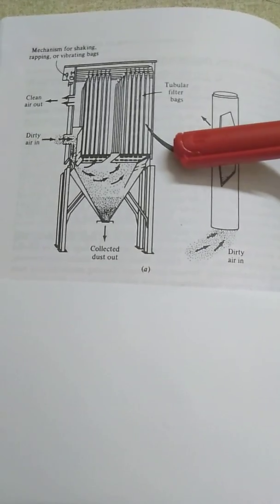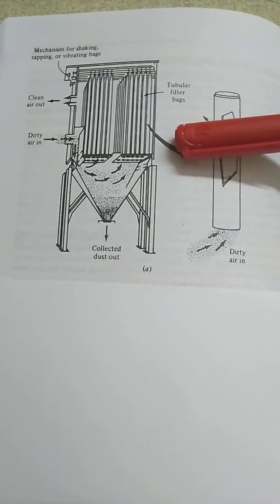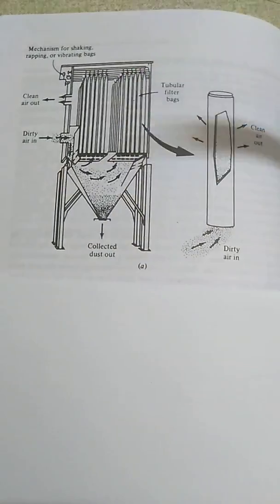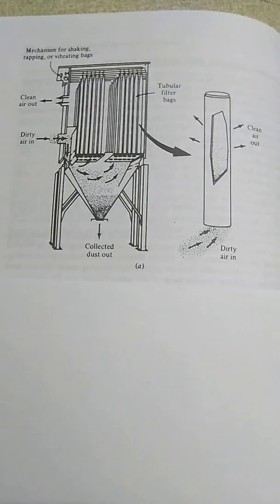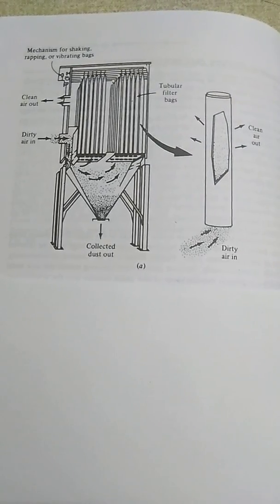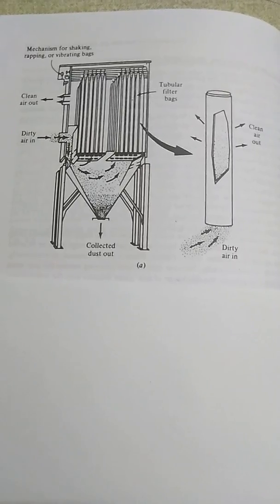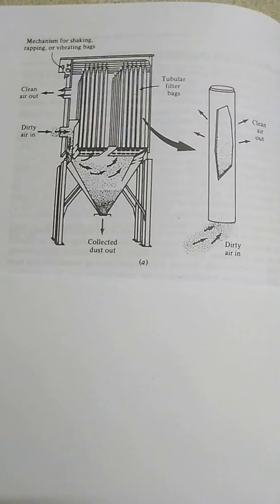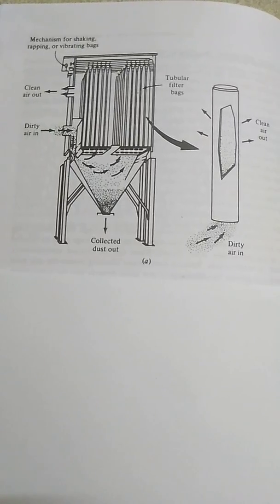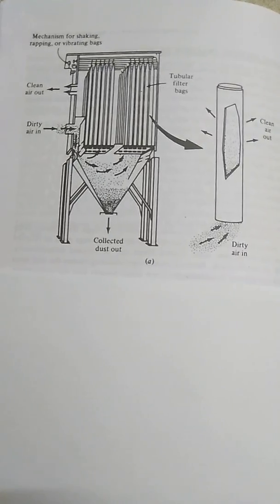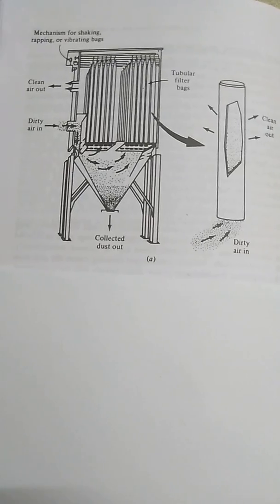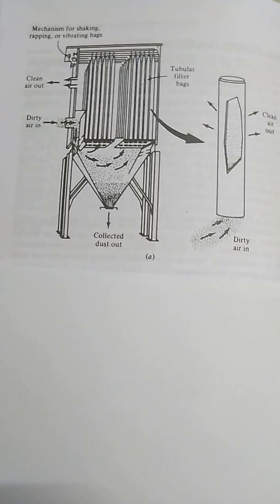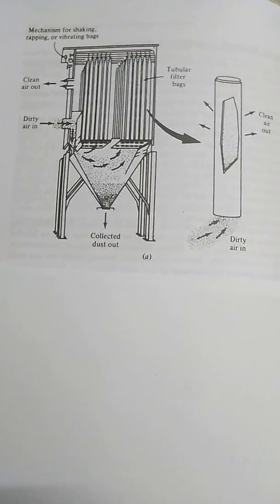And whenever we enter the gas inside these fabric filters, we need to maintain the velocity of those gas particles at around 0.5 to 1 meter per minute inside these fabric filters.